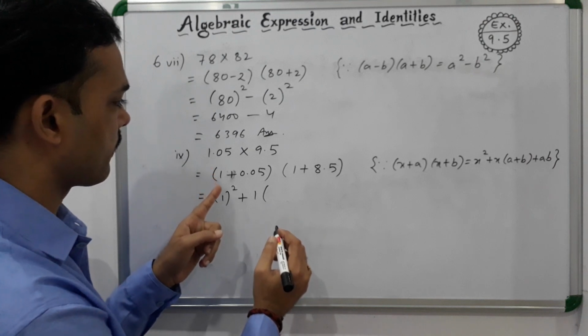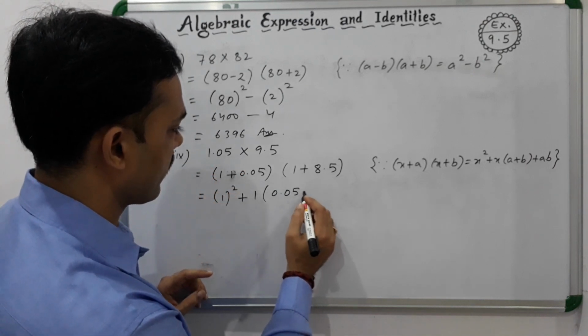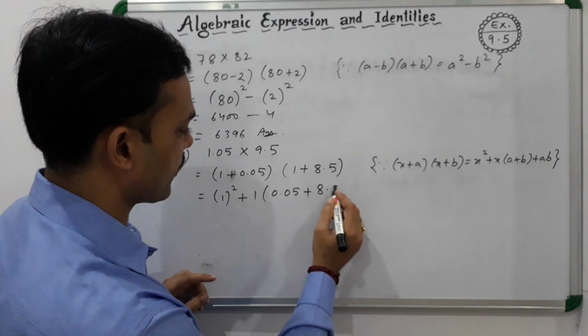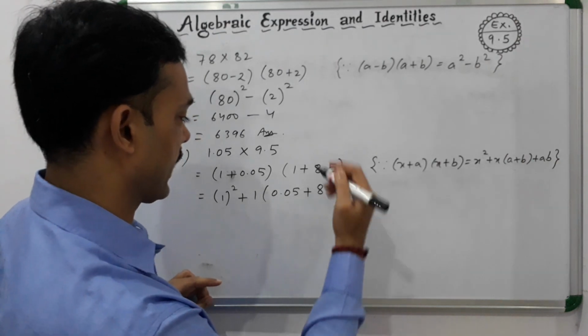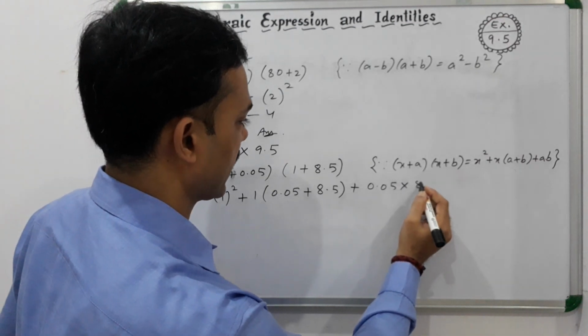In place of a we have got 0.05, in place of b we have got 8.5, plus a into b means 0.05 into 8.5.